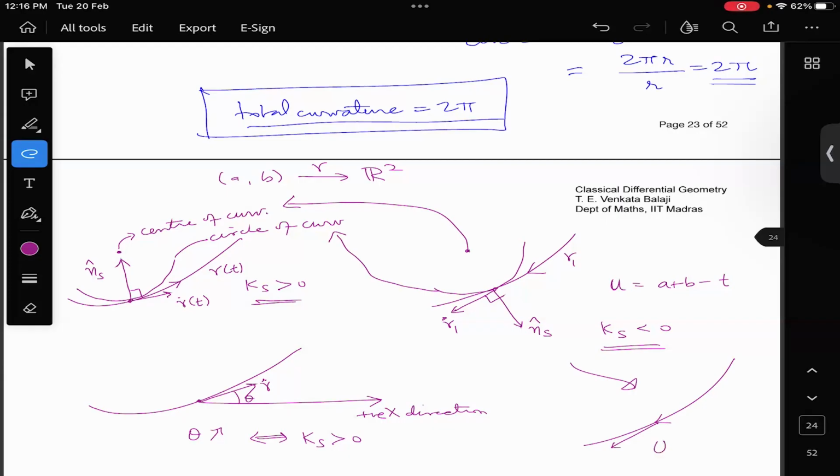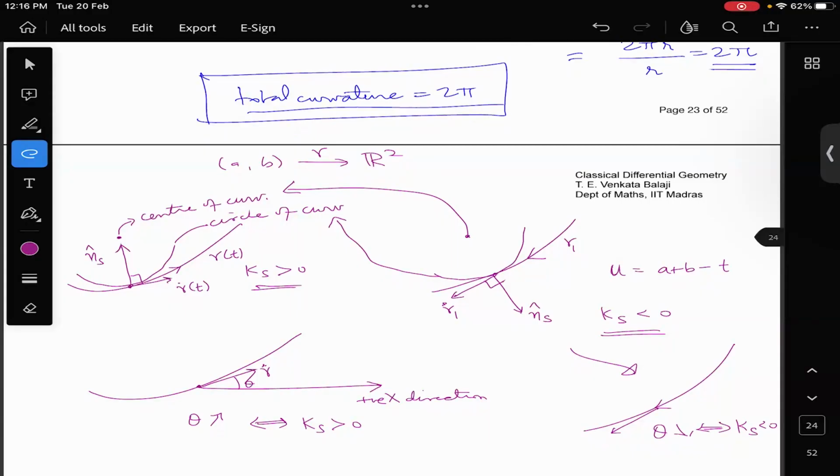Therefore here theta is decreasing, and you can see that the sign curvature is negative. So this should tell you that for an increasing function the derivative is positive, and for a decreasing function the derivative is negative. So you should expect the sign curvature to be the derivative of this theta. That is what correlates with this.